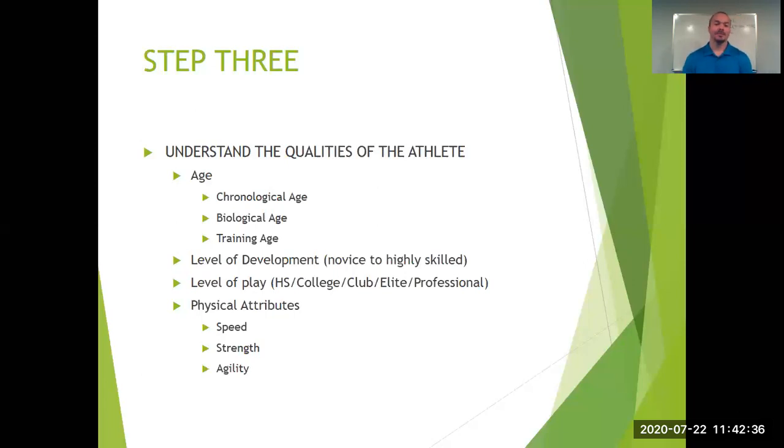Level of development. Some athletes are just great in the weight room. I got to work in the NFL for the 2010 season with the St. Louis Rams. And there were some men in there who hadn't really done Olympic level lifts throughout their high school or collegiate careers.